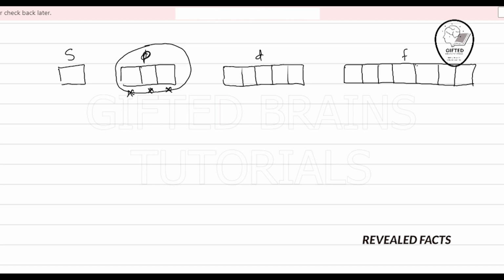Even for the d, the whole of these 5 boxes makes up the d sublevel, while each of these boxes makes up what we call the d orbitals. So there are 5 d orbitals in the d sublevel. There are 3 p orbitals in the p sublevel.